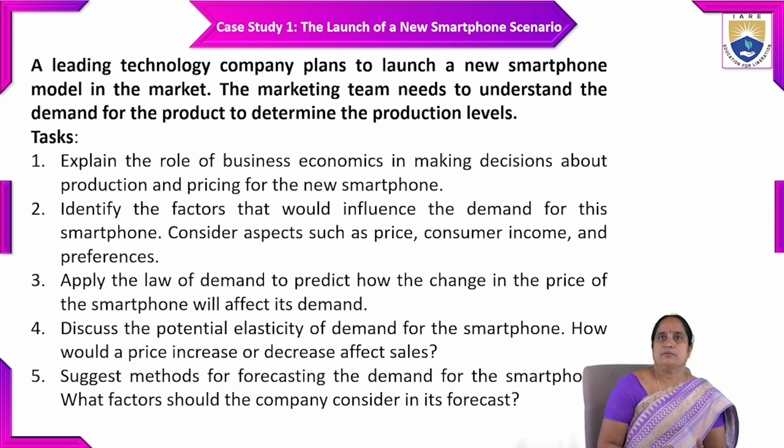Second, identify the factors that would influence the demand for this smartphone, consider aspects such as price, consumer income, and preferences. Third one, apply the law of demand to predict how the change in the price of the smartphone will affect its demand.